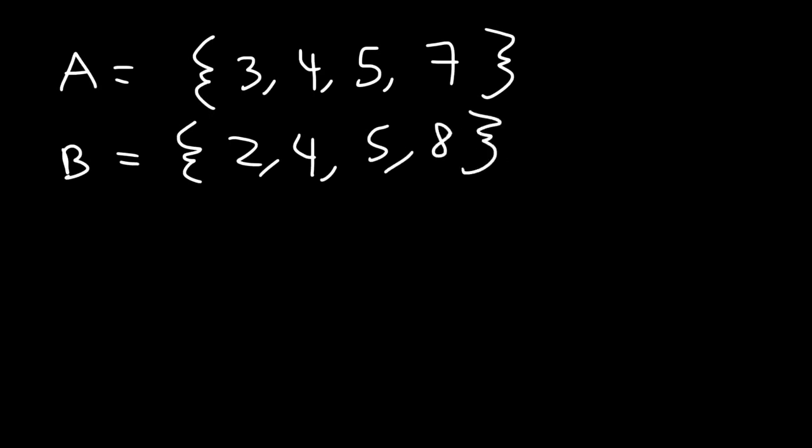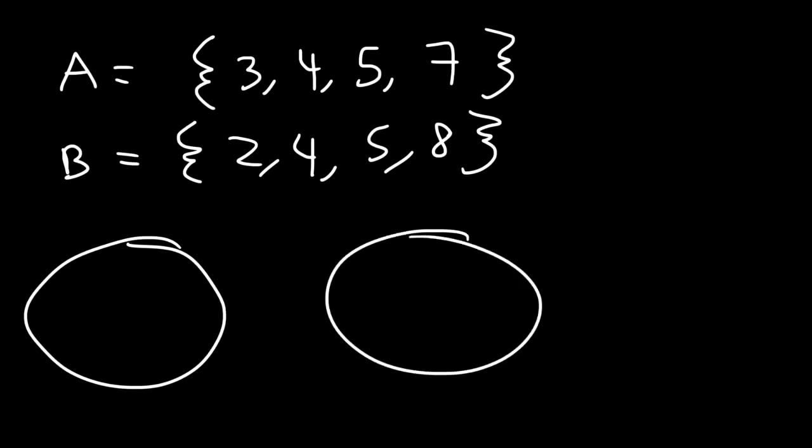How can you determine the intersection of A and B and a union of A and B and represent the results using a Venn diagram? So circle A and circle B in its separated form. Set A contains the numbers 3, 4, 5, and 7. B contains the numbers 2, 4, 5, and 8.